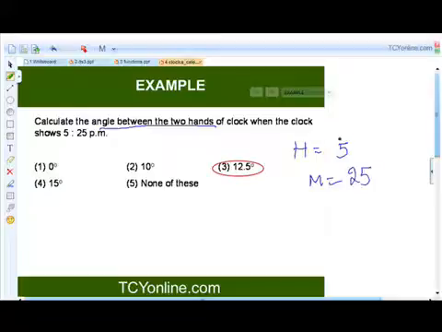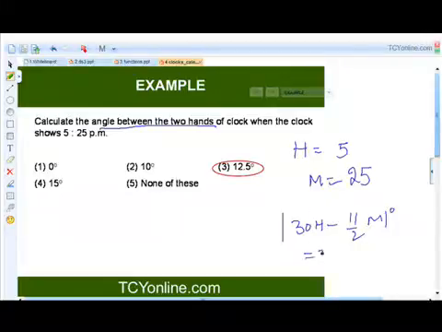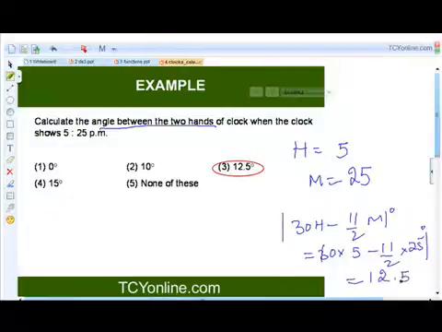So we can apply the direct formula, 30 times h minus 11 over 2 m degrees. The required angle will be 30 times 5 minus 11 over 2 times 25. On solving this, we reach 12.5 degrees. So our answer will be the third option, that is 12.5 degrees.